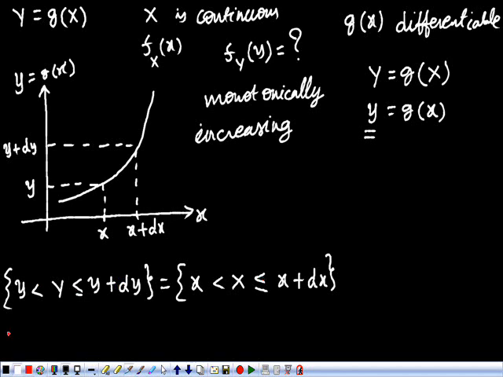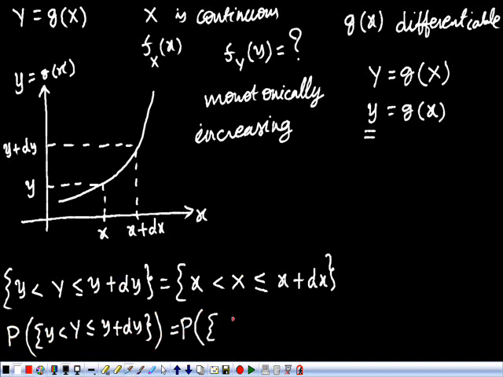Now take the probability on both sides. We get the probability that the random variable y lies between y and y plus dy is equivalent to the probability that the random variable x lies between x and x plus dx.